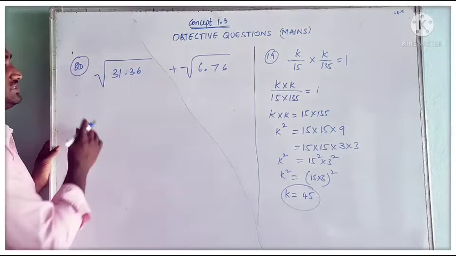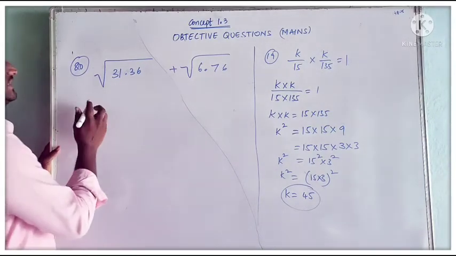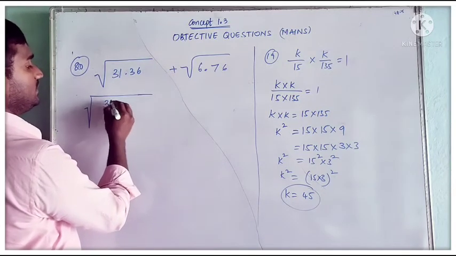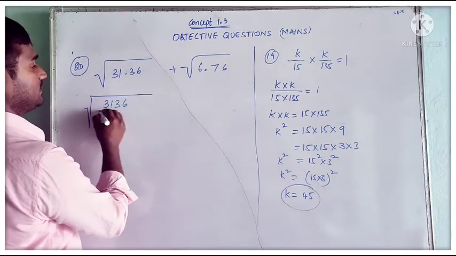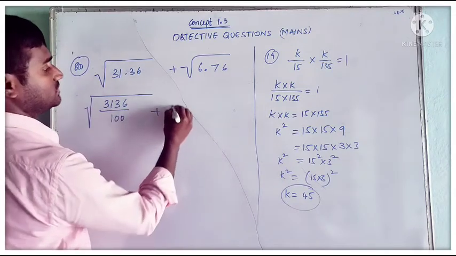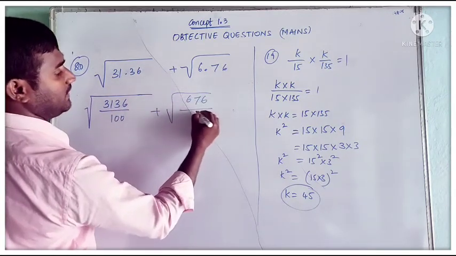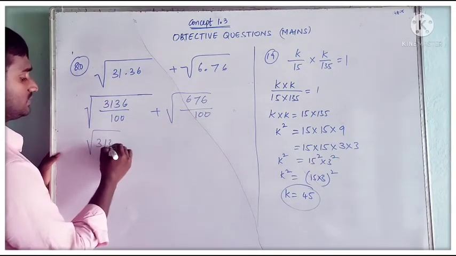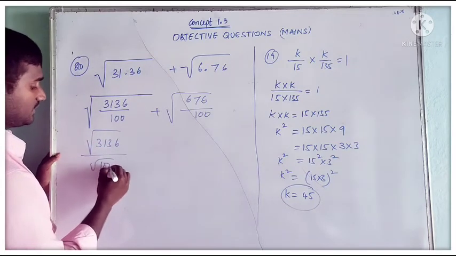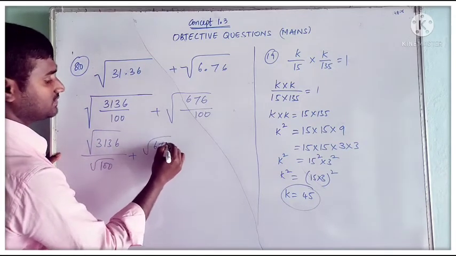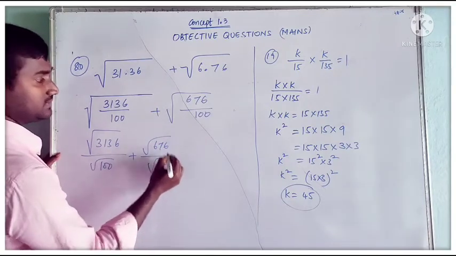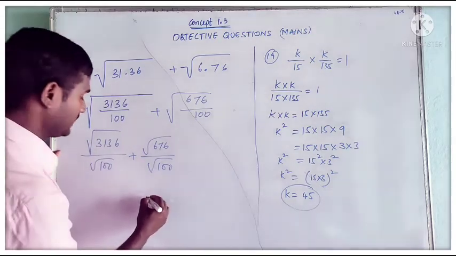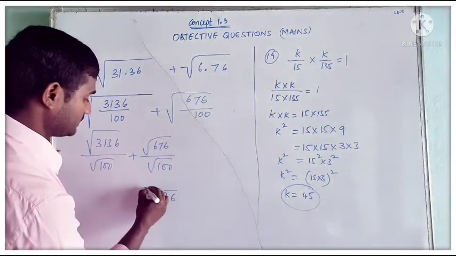Now I am going to discuss question number 20. First, write the given numbers without decimal points: 3136 by 100 and 676 by 100. This we can write as square root of 3136 by square root of 100, plus square root of 676 by square root of 100. Now, square root of 3136: if you want to find it by long division, you can.